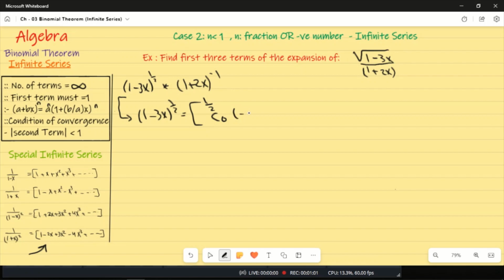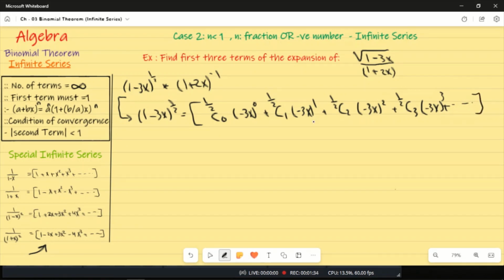We have here negative 3x power 0 plus half combination 1 into negative 3x power 1 plus half combination 2 into negative 3x square plus half combination 3 here negative 3x power 3 plus our completion.